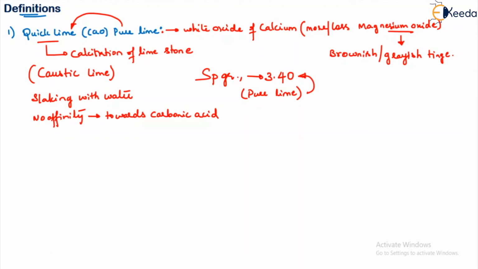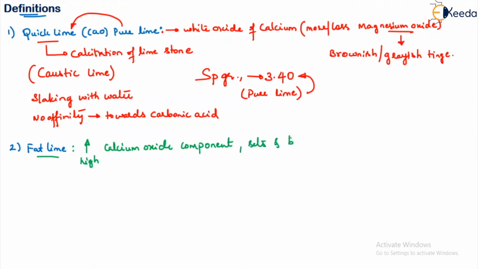Right. The next definition which you have to understand is the fat lime. So fat lime has a very high calcium oxide component. This generally sets and hardens by the absorption of CO2 from the atmosphere.